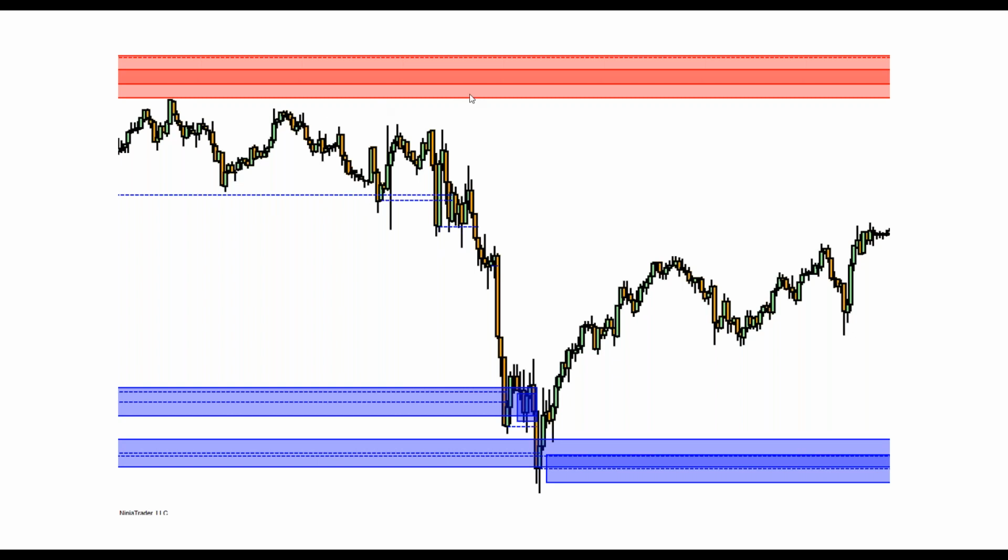But what we do is a multi-time frame analysis of buy, sell imbalances. And we call these zones. In this zone is where there's a significant overabundance of sellers. And in this zone, there's a significant overabundance of buyers. And this is done on a multi-time frame basis.